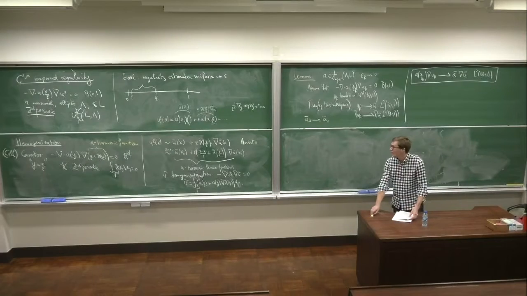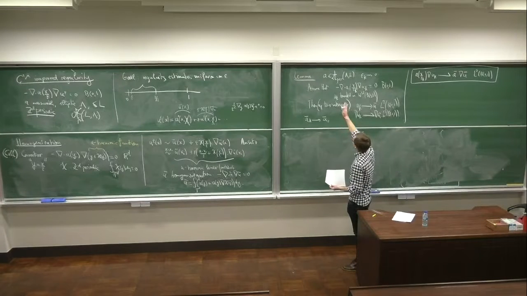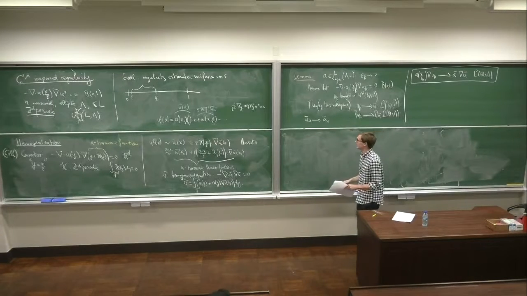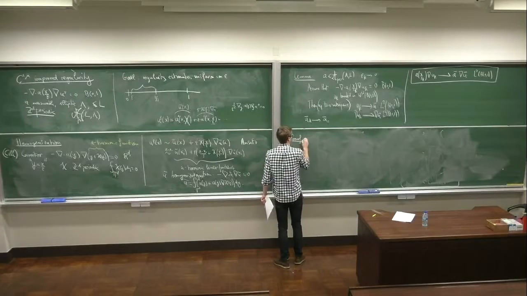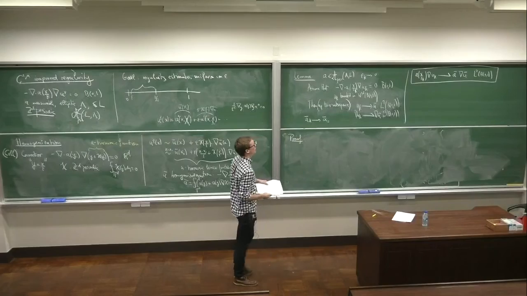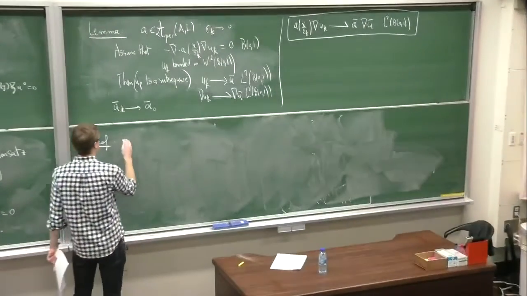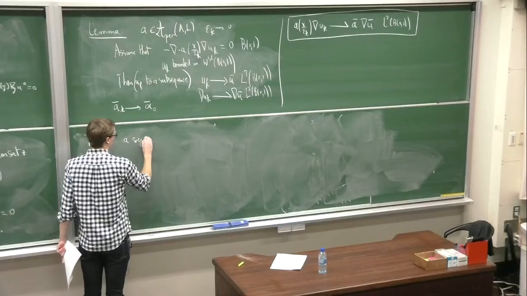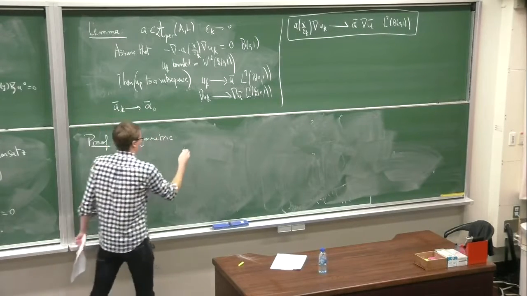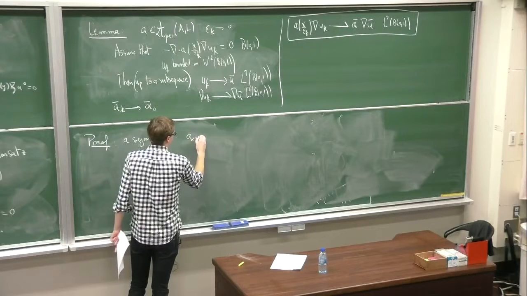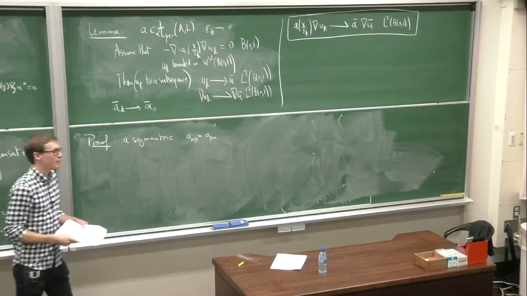All right. So now I want to prove this lemma in the case when A is constant, and I will add some more simplification, which is I will suppose that A is symmetric. So meaning that A alpha beta is equal to A beta alpha for any alpha and beta.